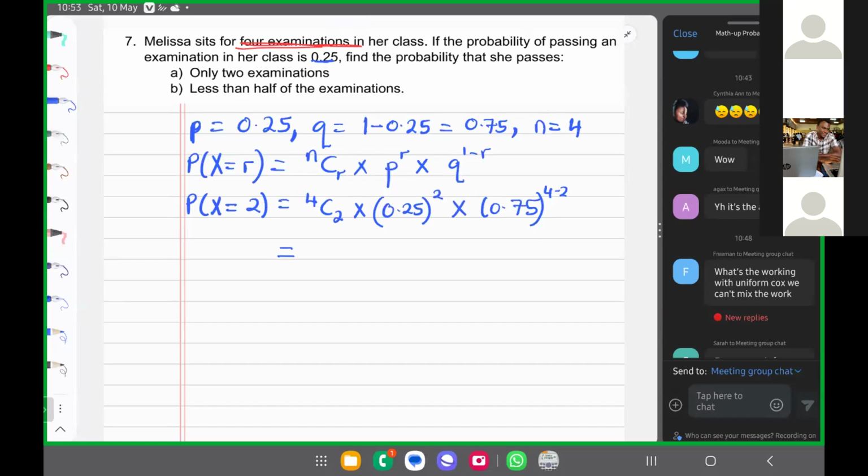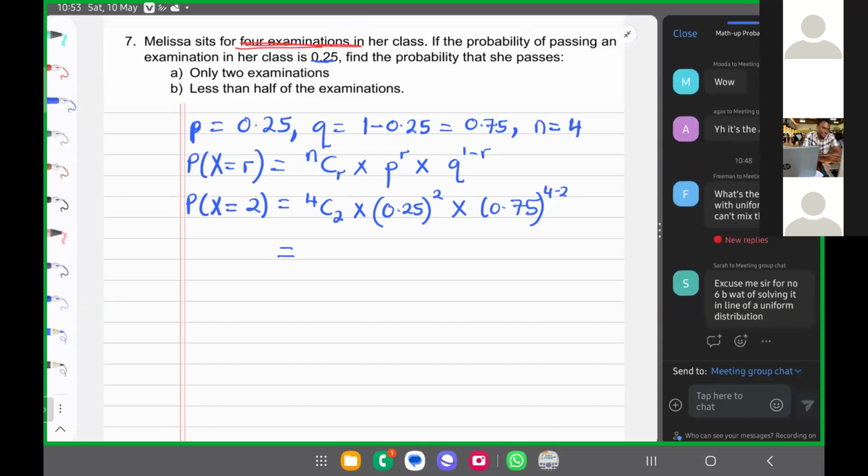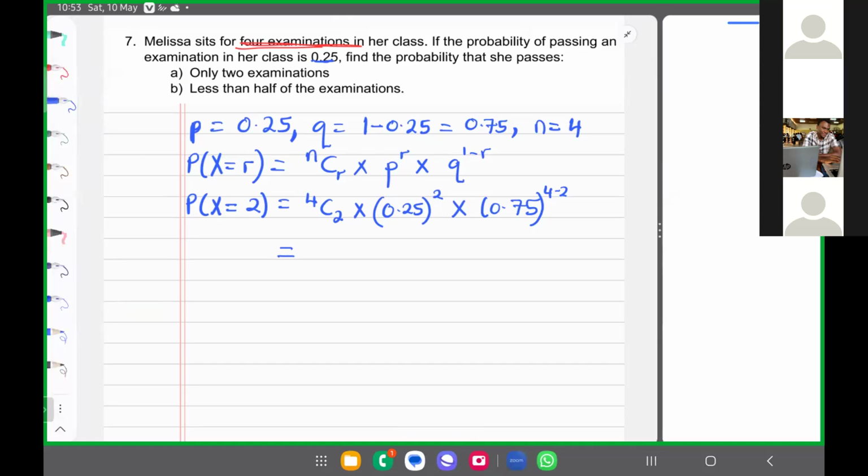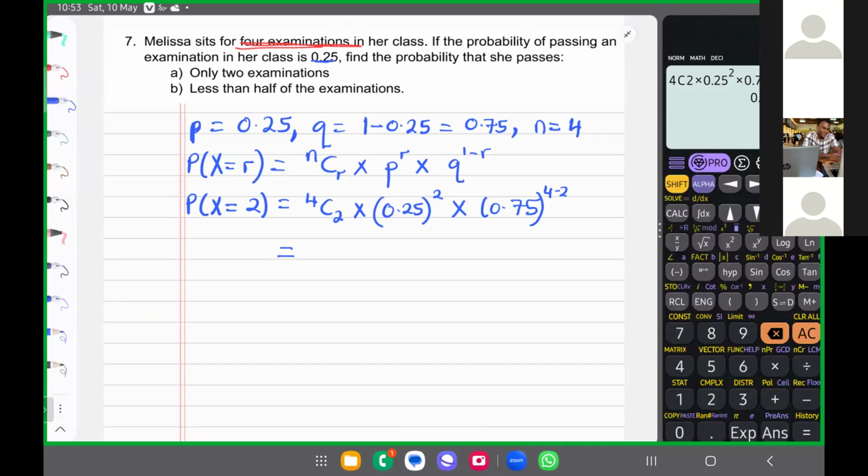If someone has a calculator, get us that value. If someone has got it, you can tell us the answer. I have 0.2109375. I don't know if others agree. I've just given you all the digits.